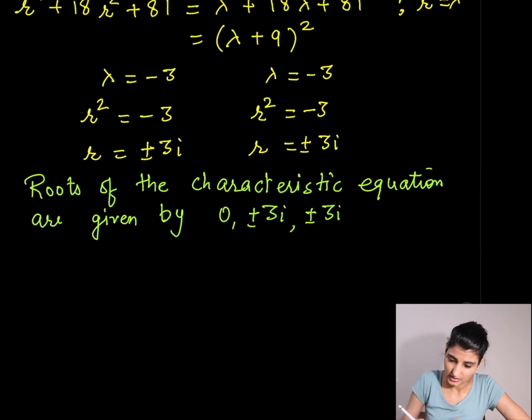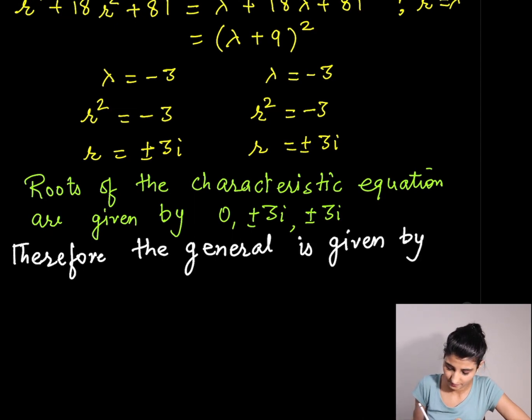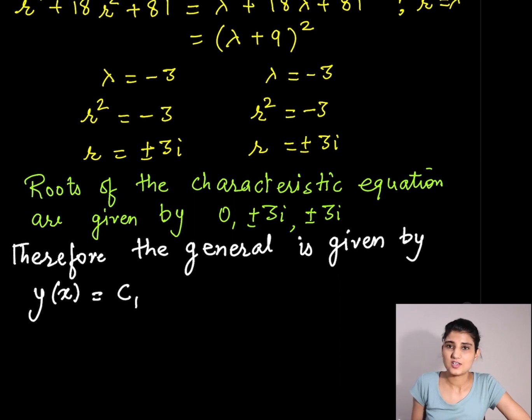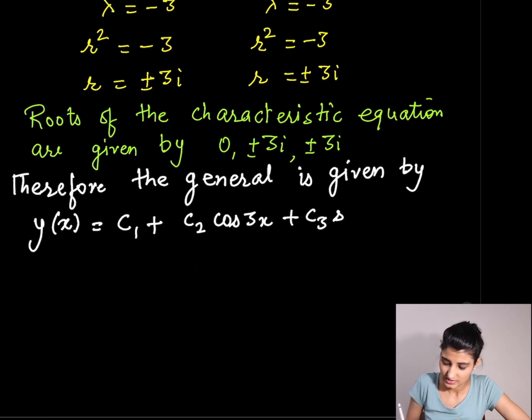And therefore the general solution of above homogeneous equation is given by y(x) equal to c1 e power 0x, which is 1, so just c1, plus, now we are going to write down the term corresponding to plus minus 3i, so it will be c2 cosine 3x plus c3 sine 3x.